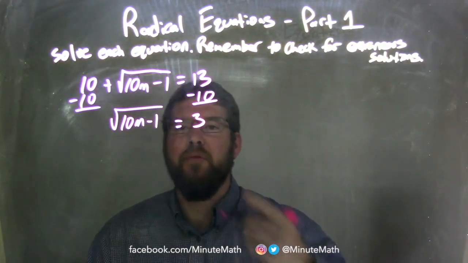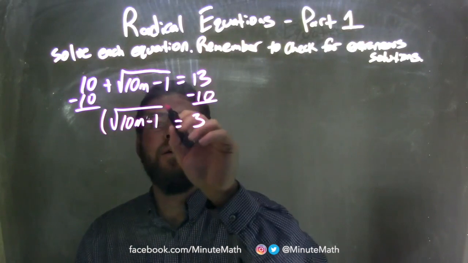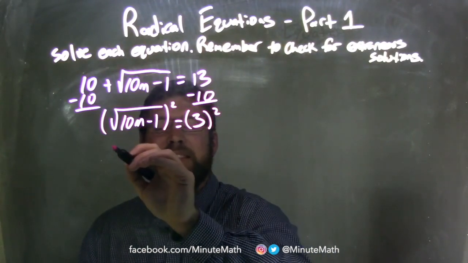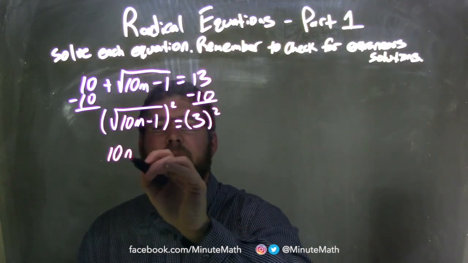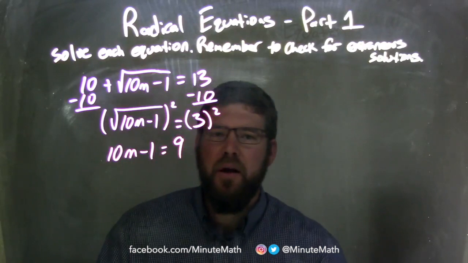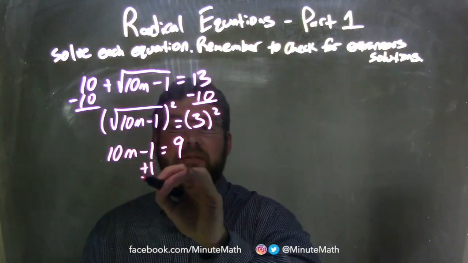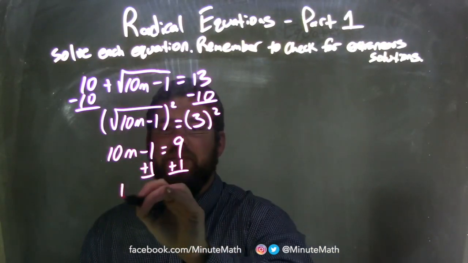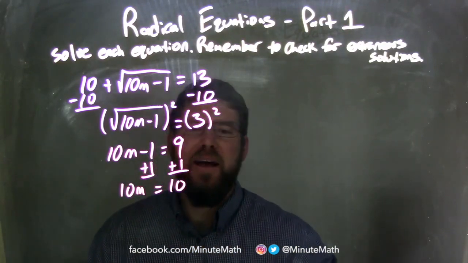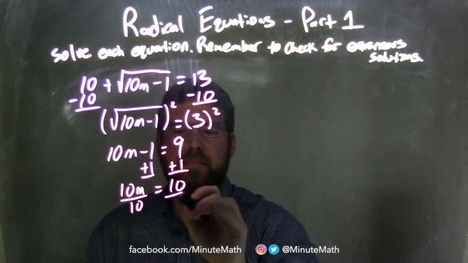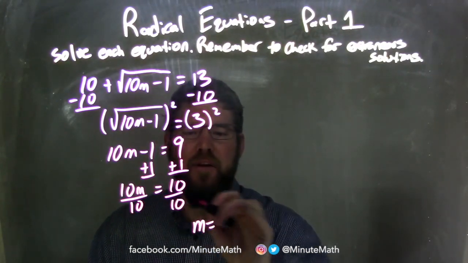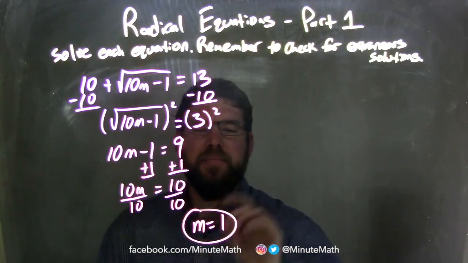From there, I need to get rid of the square root, so I'm going to square both sides, leaving me with just what's inside the square root, 10m minus 1 equals 3 squared, which is 9. And I'm going to add a 1 to both sides, leaving me with 10m equals 10, right? 9 plus 1 is 10. Then I divide by 10, giving me my final answer, which I'll write here: m equals 10 divided by 10, which is 1.